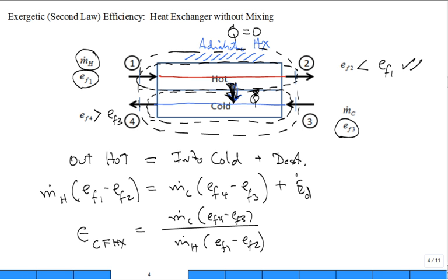Will it be close to 100%? No, forget it. Again, heat exchangers often are very irreversible. So I'm not a great fan of exergetic analysis of heat exchangers. It's maybe not as insightful.